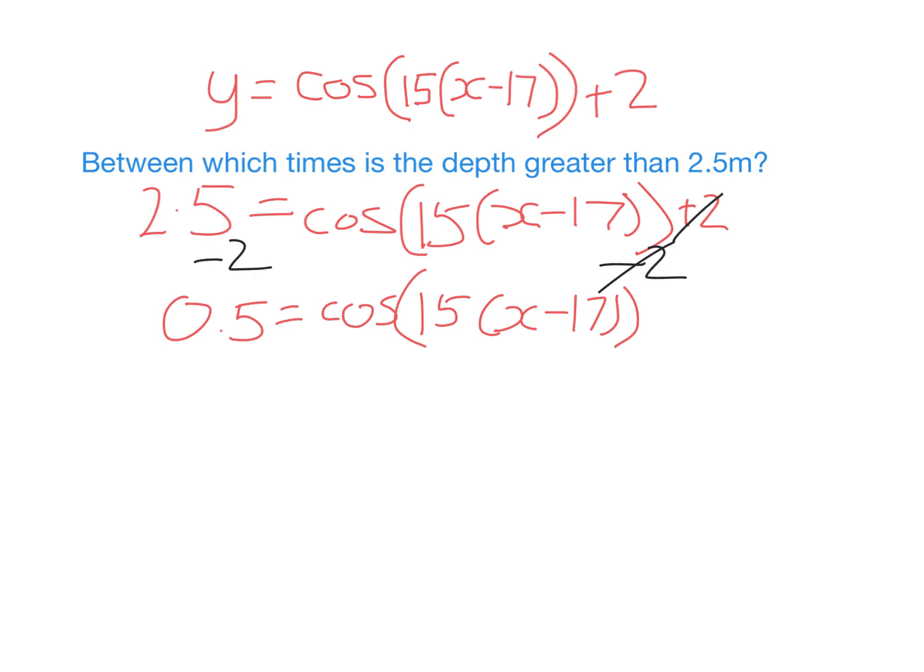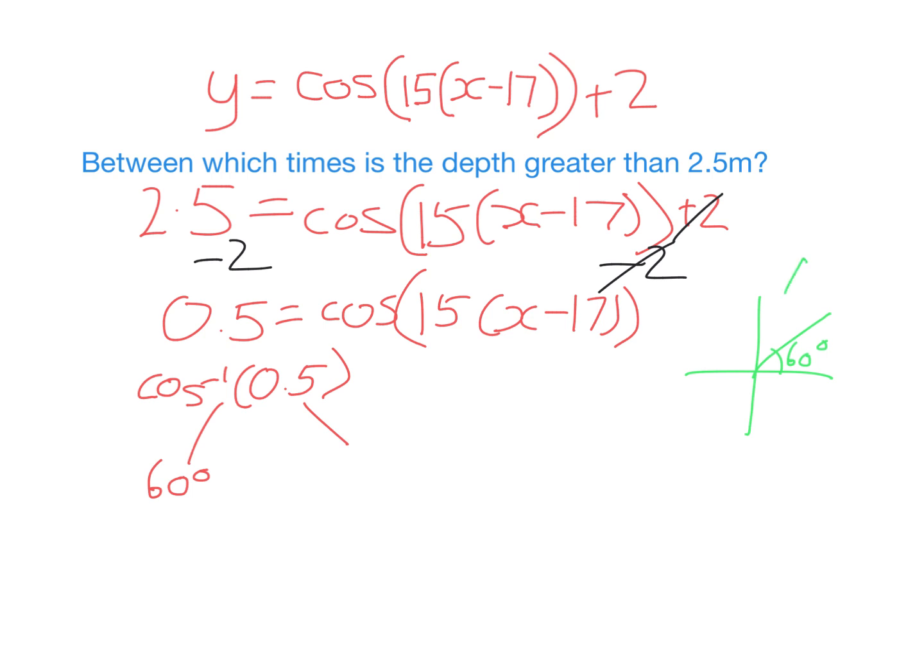Now I need to get rid of the cos, and you do that by taking the cos inverse. The problem is it's not a function. Cos inverse of 0.5, you can put that on your calculator, and one answer you'd get is 60 degrees, but there is another solution. That other solution, when we use the unit circle, would be 300. See, 60 degrees here gives us one solution.